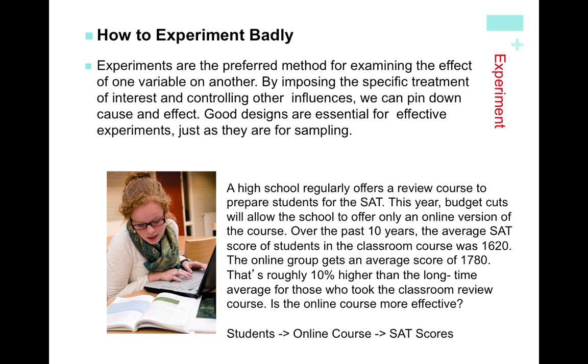This would be an example of confounding. There was another lurking variable there, the idea that most of these students were taking advanced math classes in school, and that could have been where the increase in math SAT scores came from.